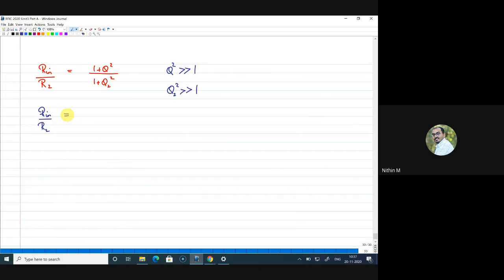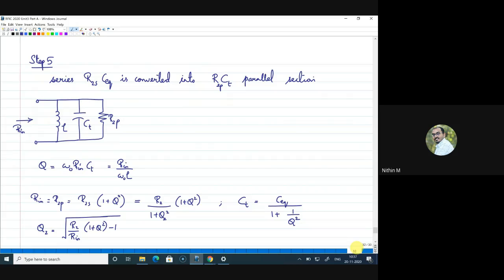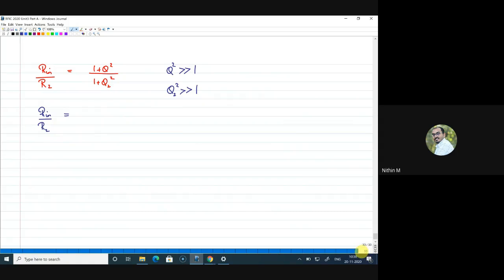So what is Rin by R2 in that case? Rin by R2 can be directly obtained from here. So I can write this as Q square by Q2 square.